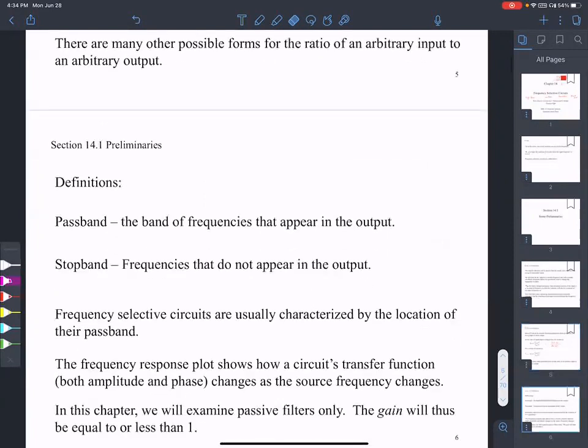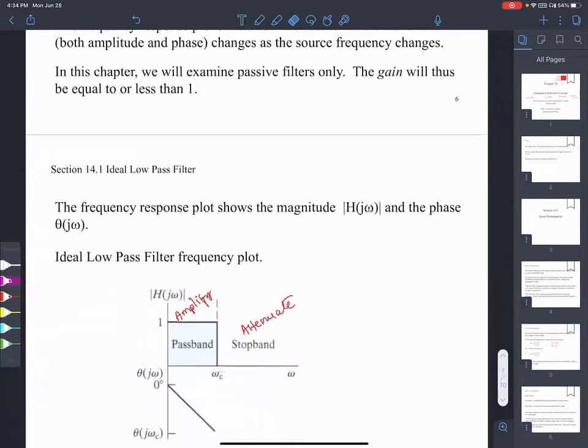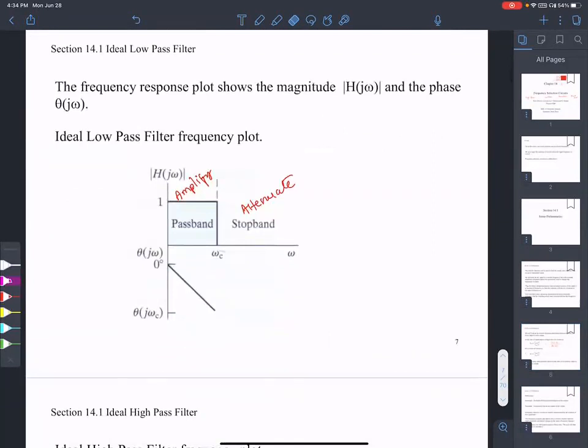Okay, we talked about pass band and stop band. So this is a low pass filter. An ideal low pass filter allows all these frequencies to pass through, and sometimes it does even amplify them in case of active filters.